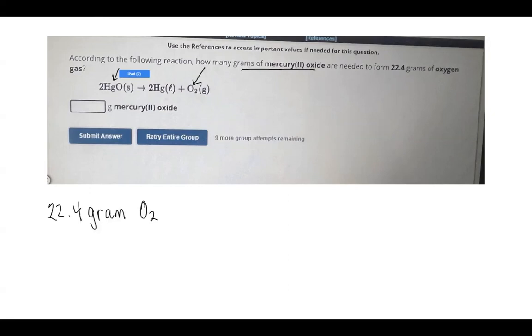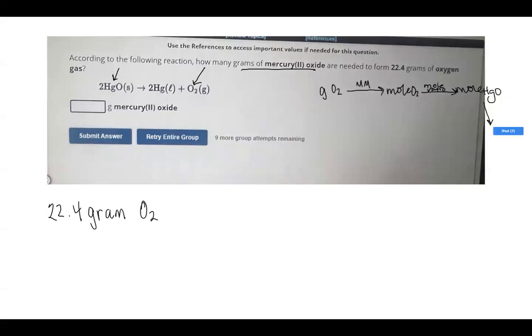And so we're going to employ stoichiometry, in which, to get from grams of O2, I need to go to moles of O2. I'll do that using the molar mass. I'll use the mole to mole ratio, or the coefficients, to get from moles of O2 to moles of mercury oxide, HgO, and I'm running out of room here.